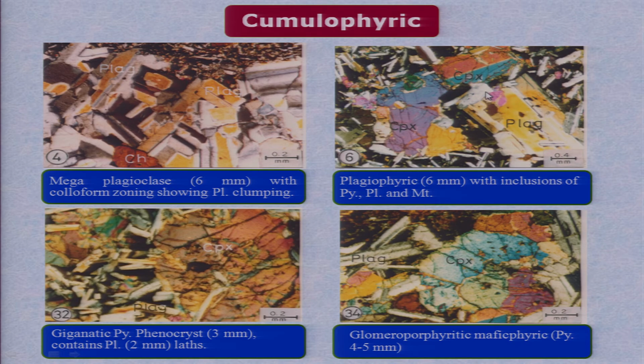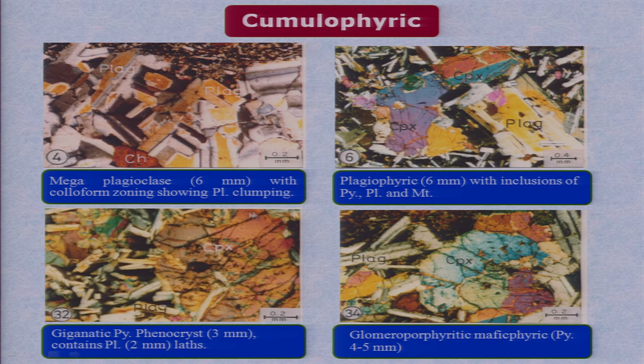So, you have plagioclase crystal. Here in this plagioclase crystal, the pyroxene crystals are embedded within the plagioclase crystal, as well as plagioclase crystals embedded within the plagioclase crystal, and glass is also embedded within the plagioclase crystal. So, this is one variety of plagiophyric texture. Then the other one is gigantic pyroxene phenocryst.